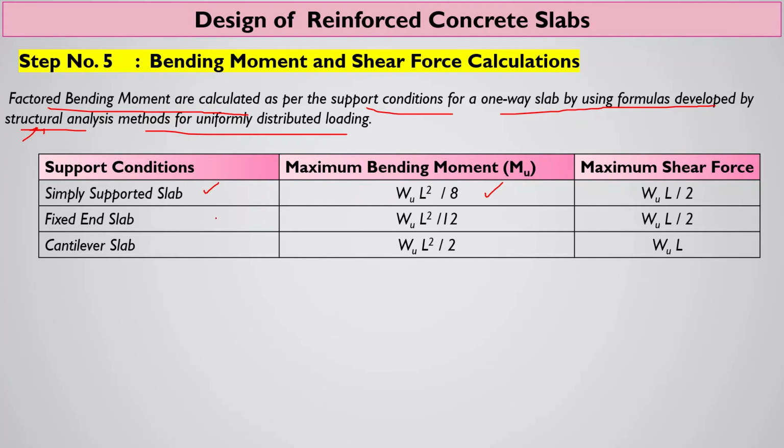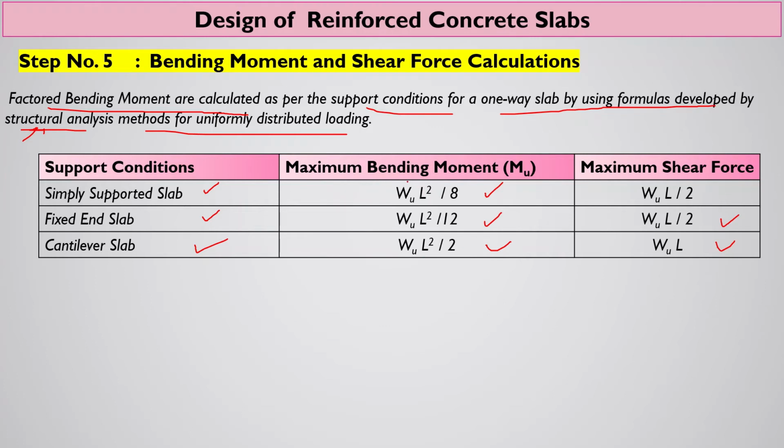And if it is a fixed end type of slab, then this will be the formula, both the formula for maximum bending moment and the maximum shear force calculation. And if it is a cantilever type of slab, then again you have to use the same methodology which you have gone through and studied in structure analysis. So based on that information, you are able to get this value.